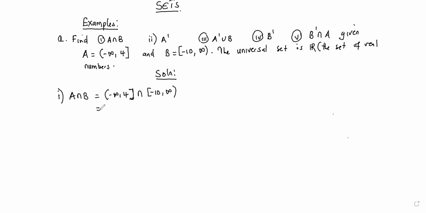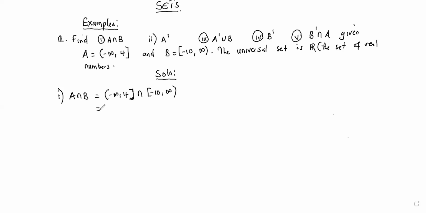You may opt to go for a number line or just use the observation technique, where you say, okay, for the 2 sets to intersect, and for me to get the intersection, there are 2 things to observe.